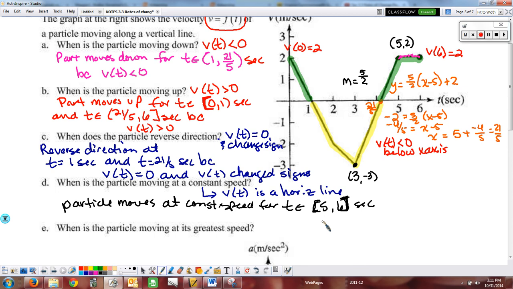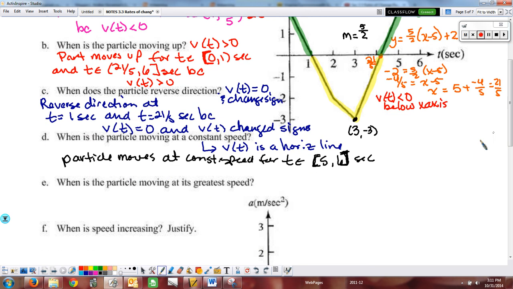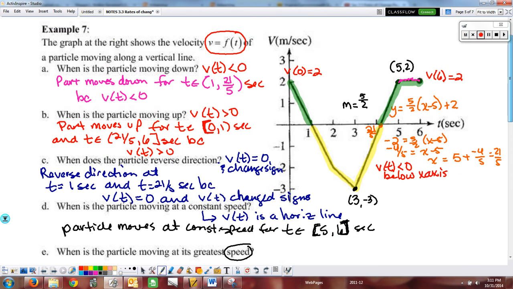Okay. Now, where is the particle moving at its greatest speed? Now again, this is where you have to be careful, because this is talking about the greatest speed, and you're given the velocity graph. So when you look at this, you have to remember that you're looking for the biggest speed, which is the absolute value.